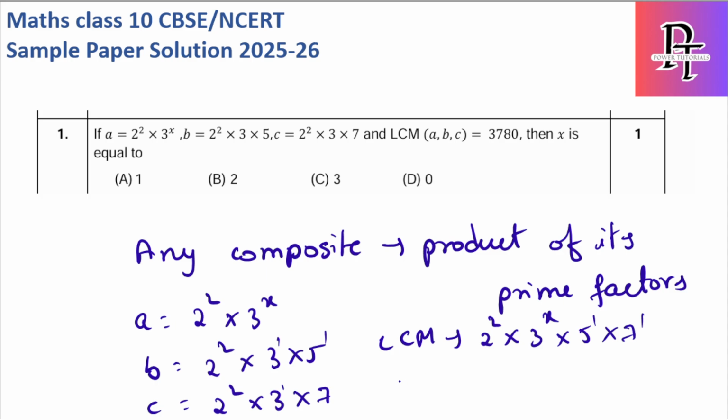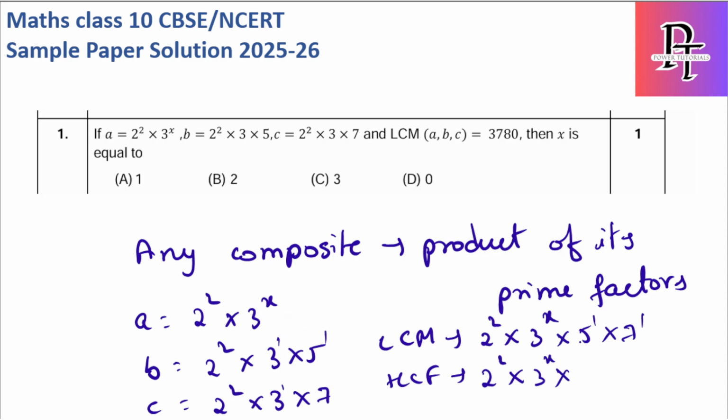The same question, if they ask about HCF, then you have to consider the least, and it should also be common. So the least of 2 square is 2 square. For 3, here I haven't mentioned 3 power x, so let's assume it can be 0 also. For that case I'm just assuming 3 power x might be the least value. What about 5?